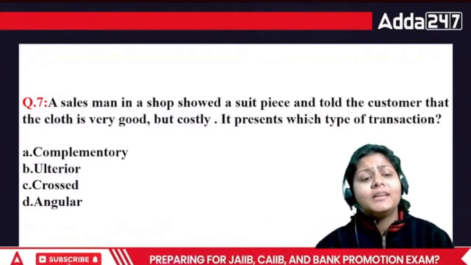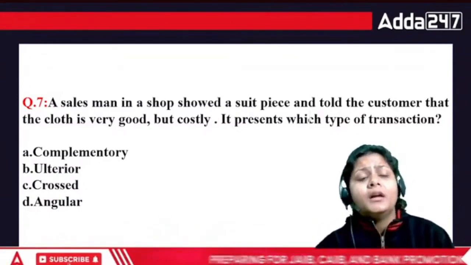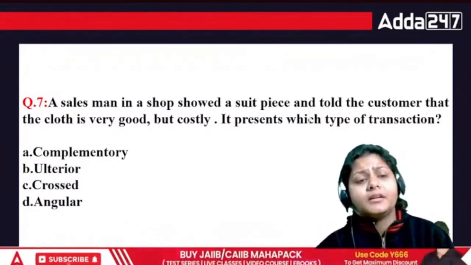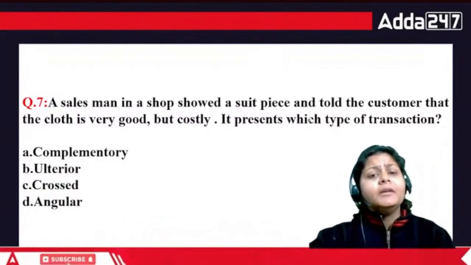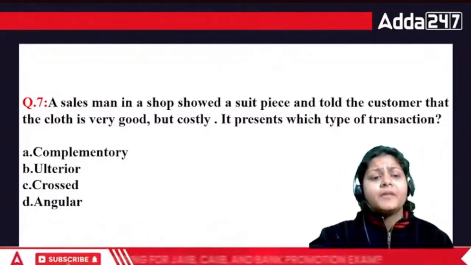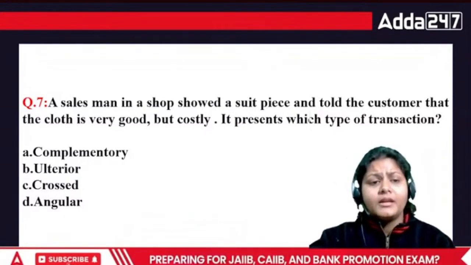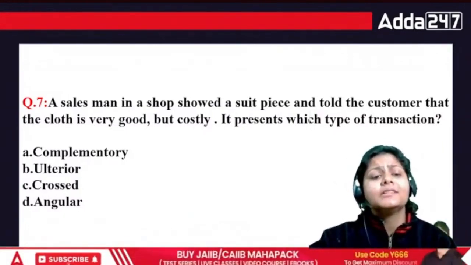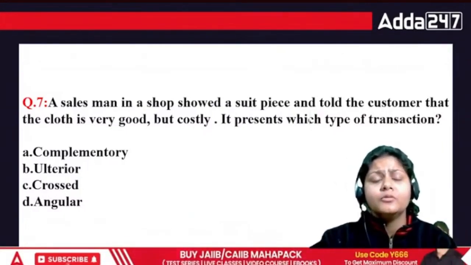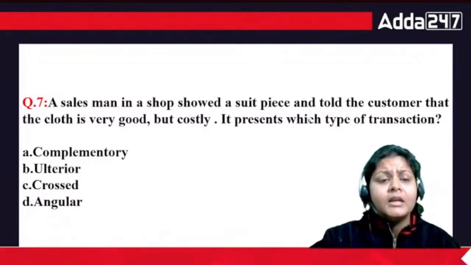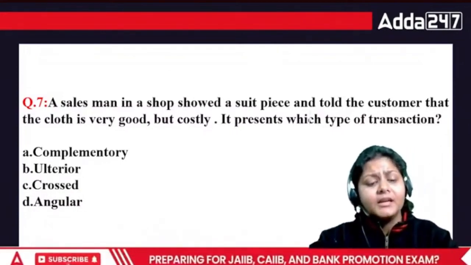Ulterior means there is a hidden meaning, and you interpreted something else. Angular means he wants to say something, basically a hidden message.